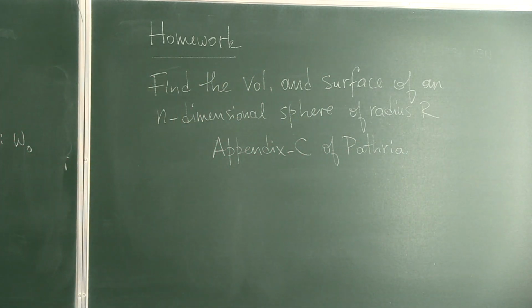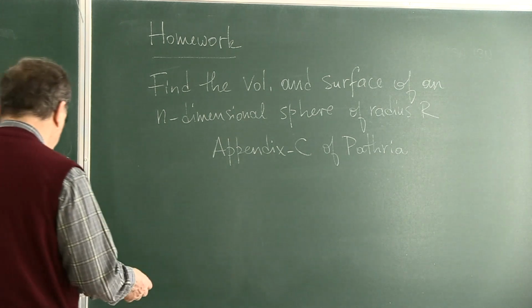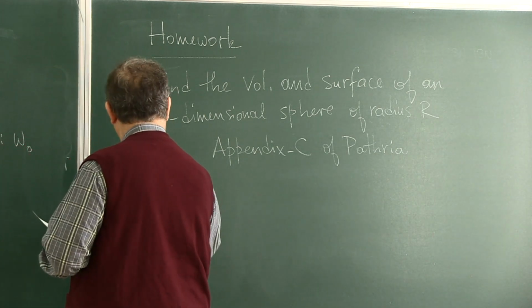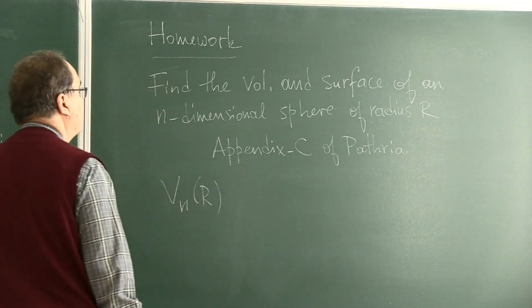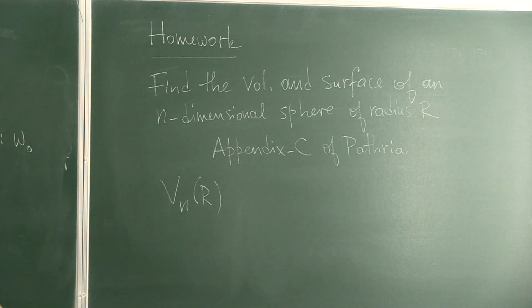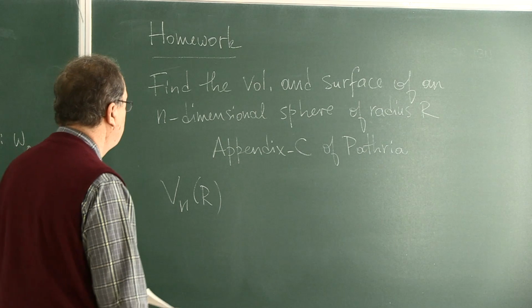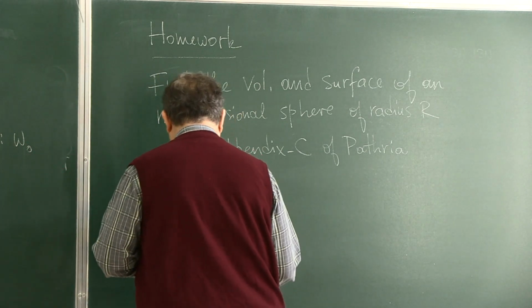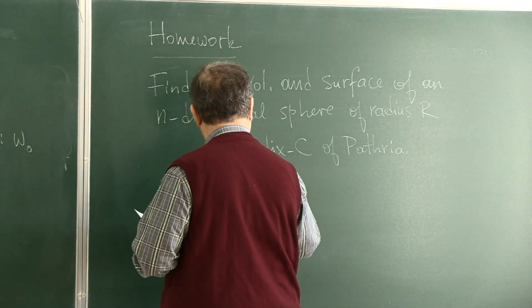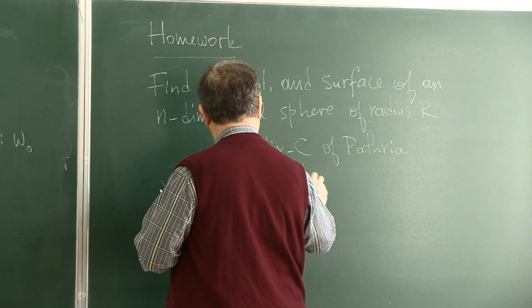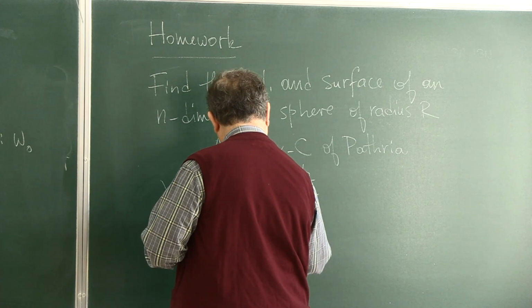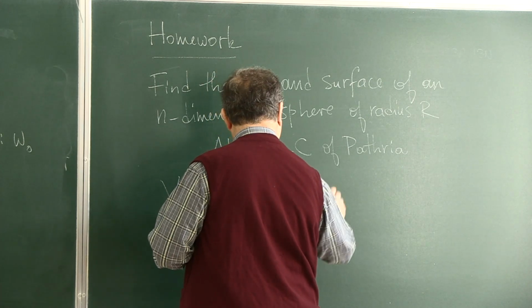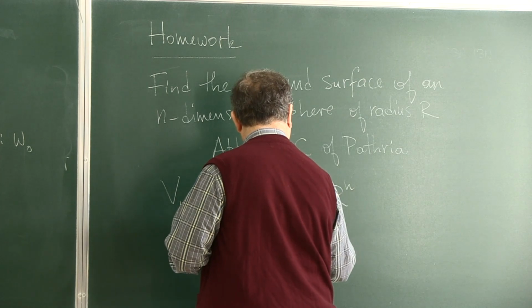And the answers are: the volume of n-dimensional space, or sphere of radius r, is given by pi to the n over 2, over n over 2 factorial, times r to the n.